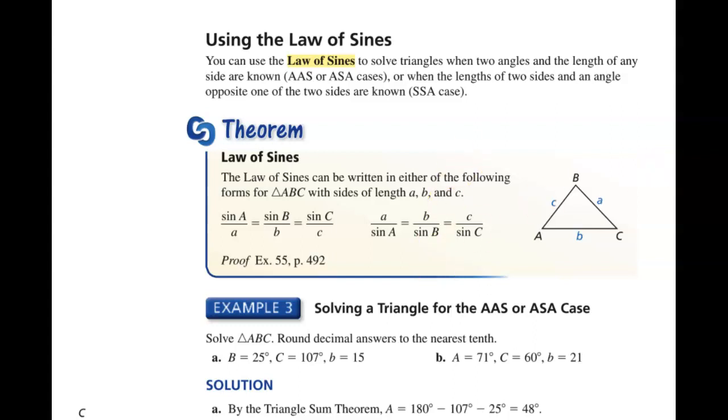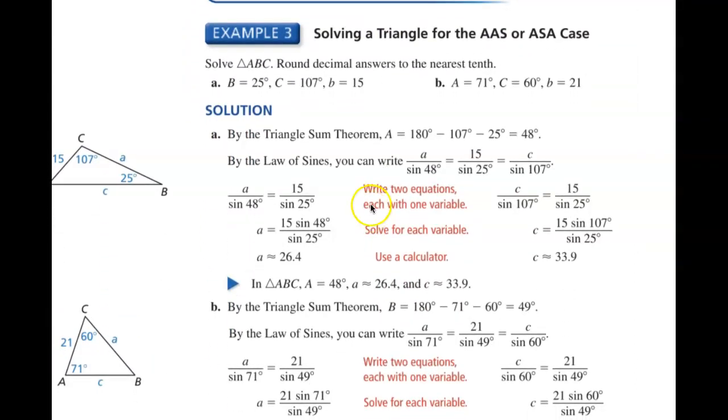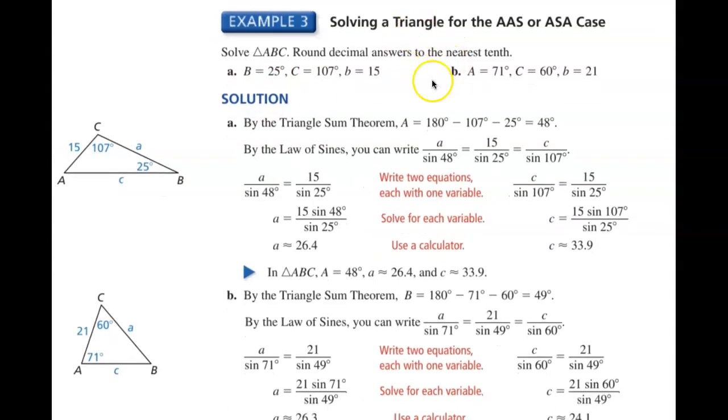Okay. And so there's some examples of law of sines here. This is example 3 in the textbook. So in example 3a, we see a side angle triangle. For example 3b, we see an angle side angle triangle.